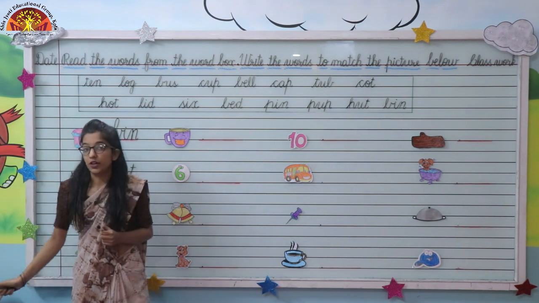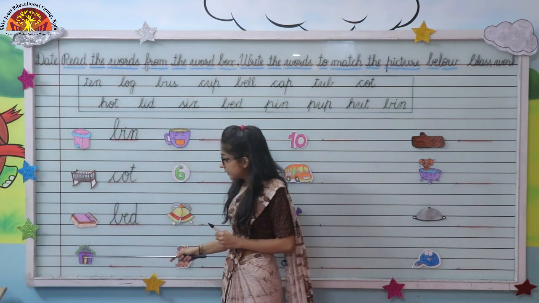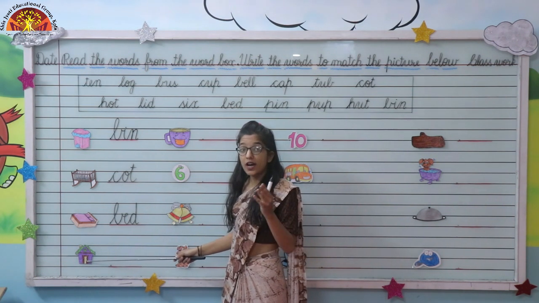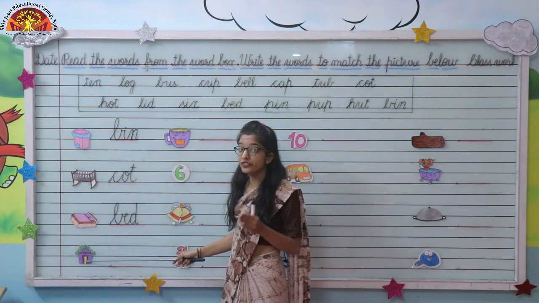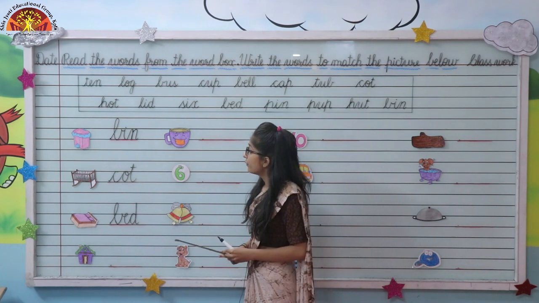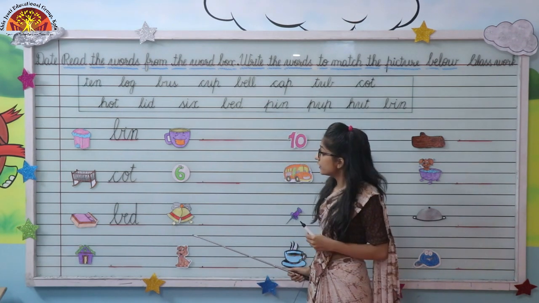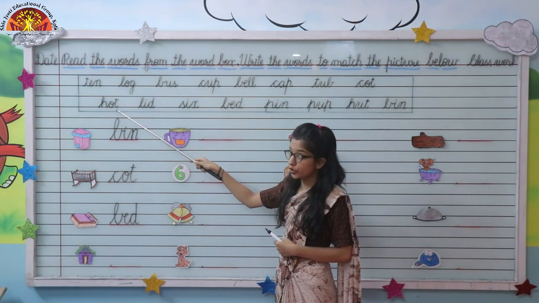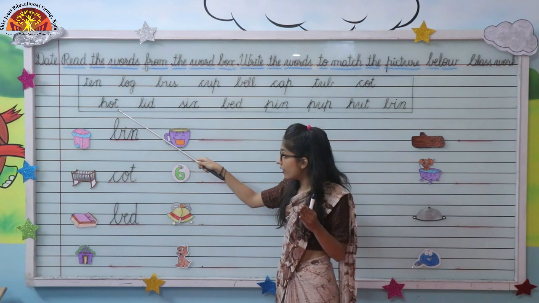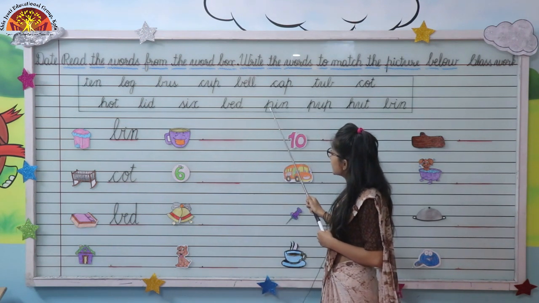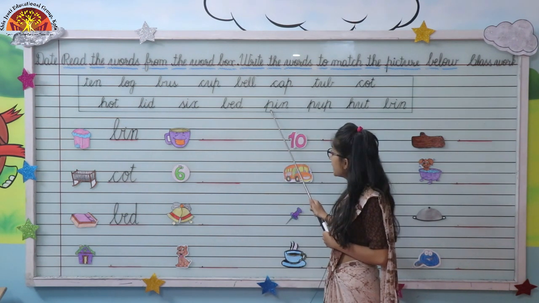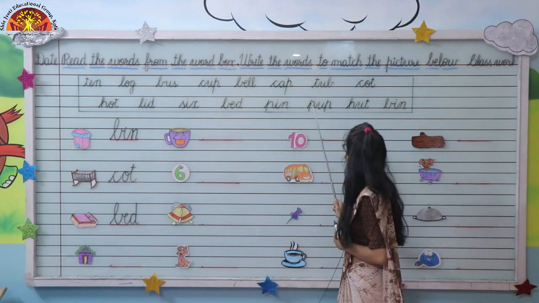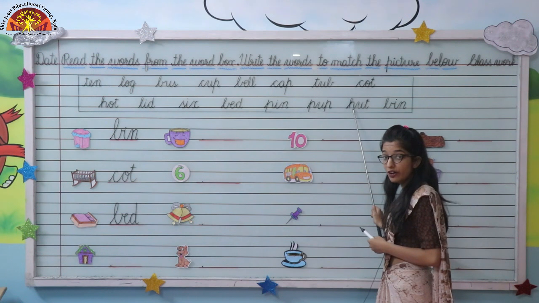Okay. Now kids, next picture, tell me which picture is this? This is a picture of hut. Now let's see, where is the spelling of hut written? This one is H-O-T? No, this is a spelling of hot. Okay, tell me, is this one a spelling of hut? P-I-N, pin. No. Okay, this one is a spelling of hut?